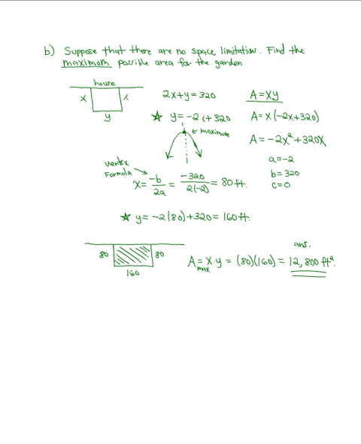And notice when you add up the sides, 80 plus 160 plus 80 does indeed give you 320. So hopefully when you compare parts A and B, you'll see when it's appropriate to use the vertex formula, negative b over 2a, and when to just solve the quadratic equation either by factoring or the quadratic formula.